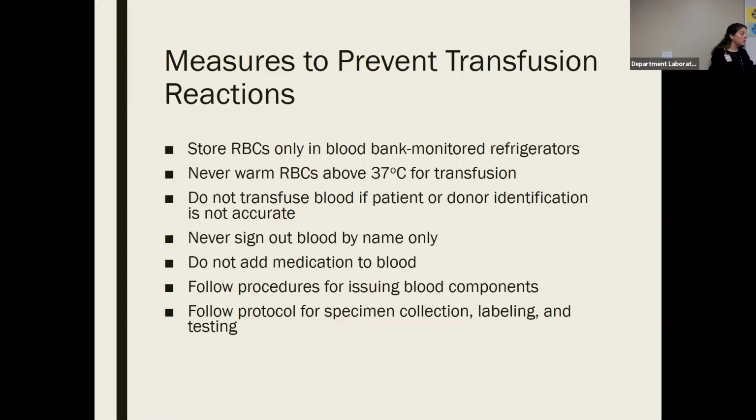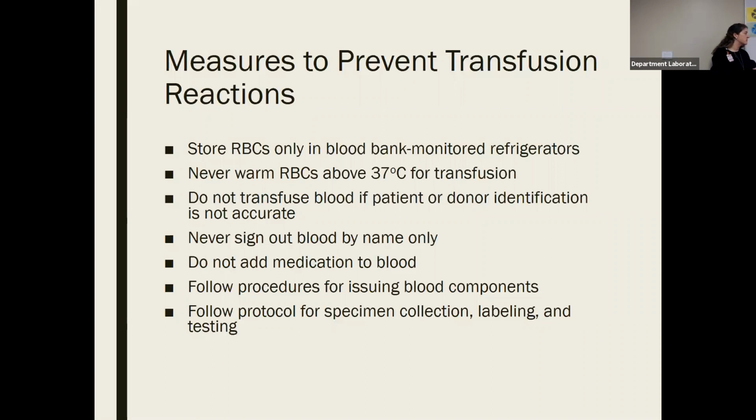And also, nursing receives that unit and they say, we're not going to transfuse, we decided this patient doesn't need a transfusion. Anytime that unit leaves the blood bank and comes back, number one, we're going to check the temperature of that unit. If it's out of range, then it's discarded. If it has been out of blood bank more than 30 minutes, it's discarded.